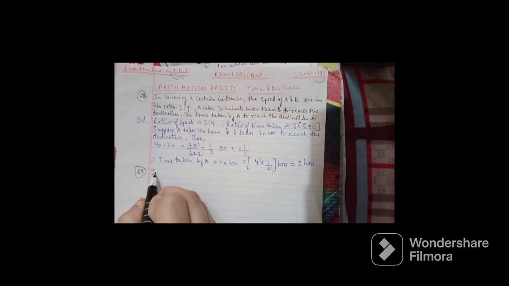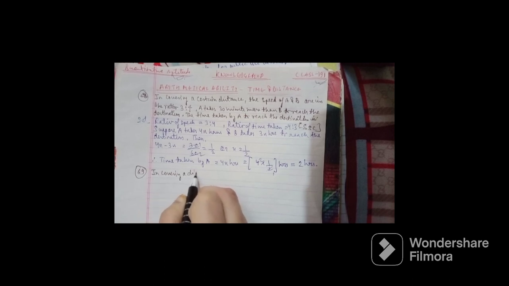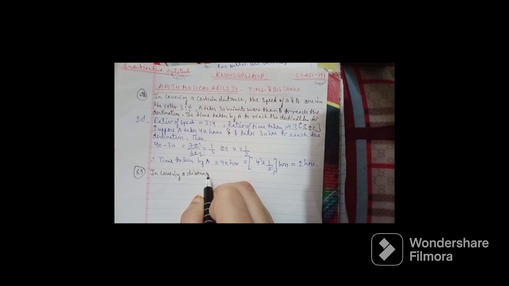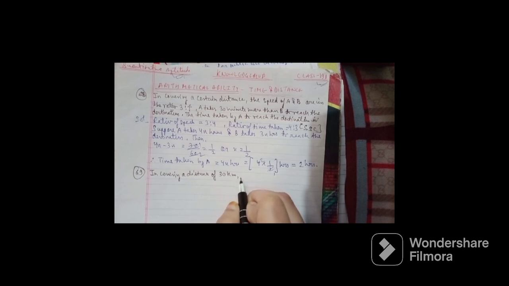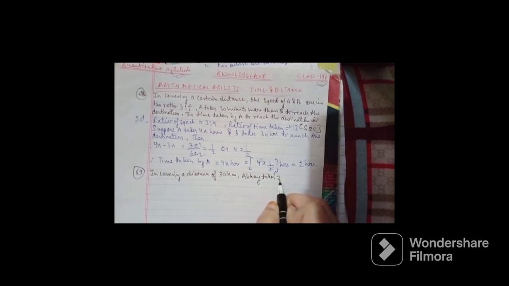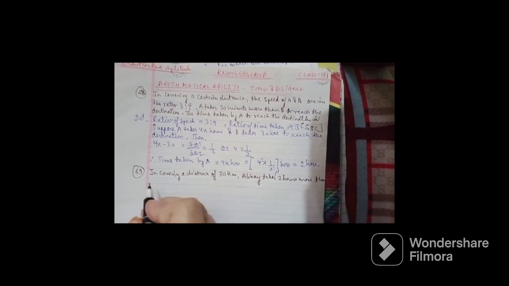Let's find it out. In covering a distance of 30 km, Abhay takes 2 hours more than Sameer.